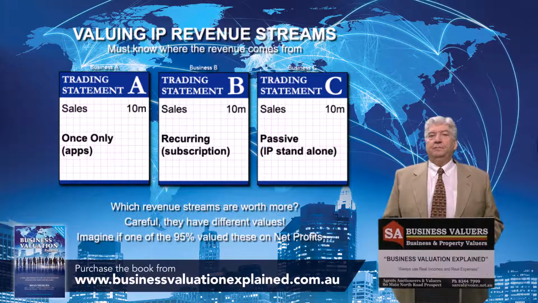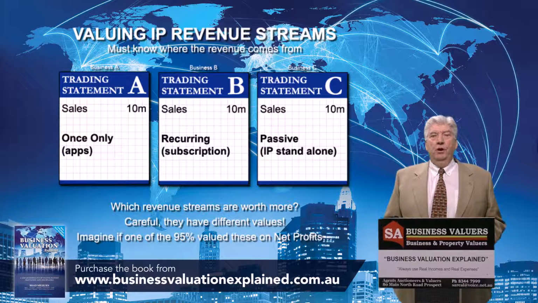Then, of course, there's business C. It's completely passive, it's standalone, and it's the sort of income that comes from patents or production numbers. Clearly, if you refer to the diagram on your screen, business C is worth more than business B, and business B is worth more than business A.